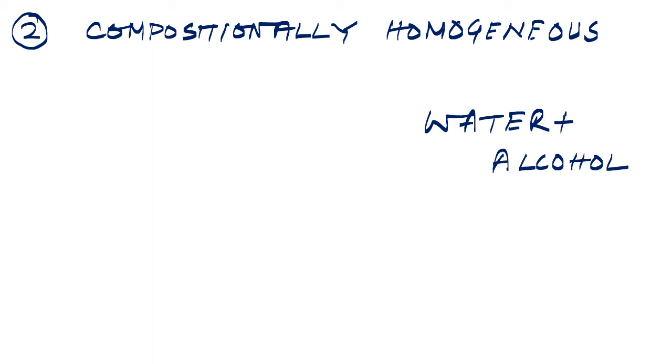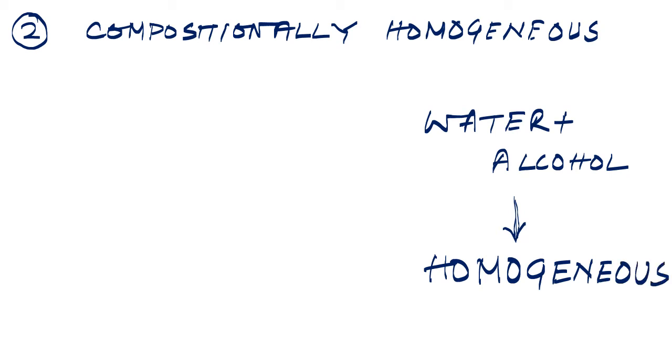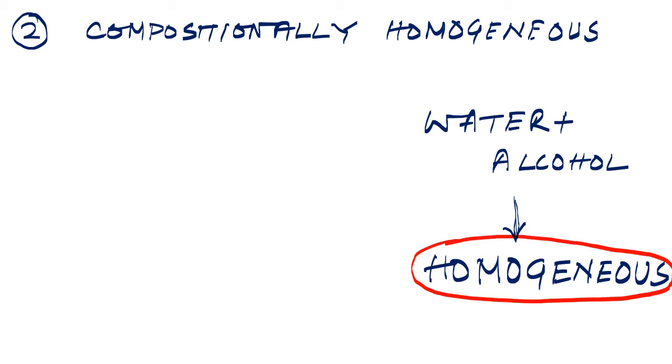You really won't make any distinction about which part is water and which part is alcohol. This is a completely homogeneous solution. Whatever direction you go, you won't see any difference in the property of this solution.